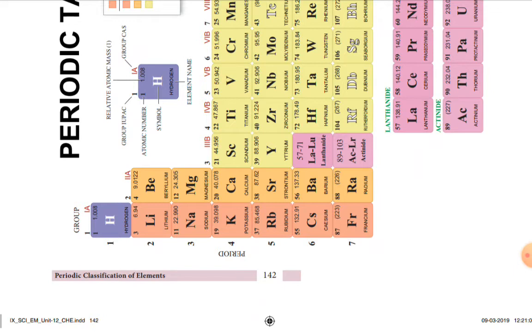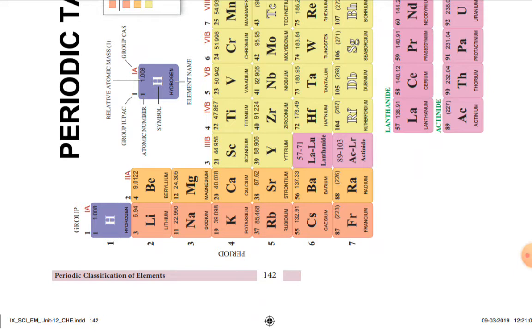Third group: scandium, yttrium, and also 57 to 71, which are called inner transition elements, the lanthanide series, which are kept at the bottom of the periodic table. Then 89 to 103 is called the actinide series because of the similarity of properties. So Henry Moseley placed these 14 elements below the periodic table, below the lanthanides.